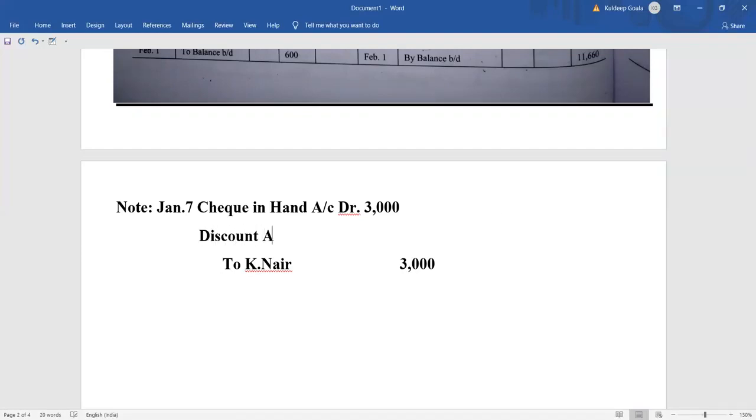Discount allowed account debit, how much? 100. Clear? So obviously K Nair was having 3,100 rupees on his name.